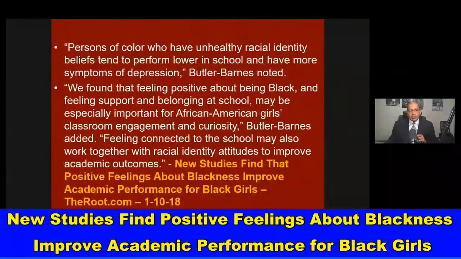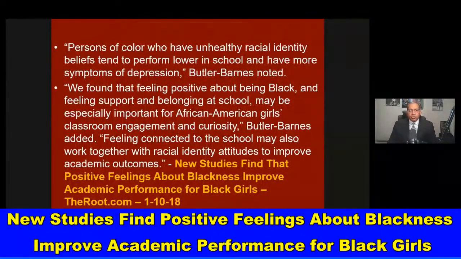Persons of color who have unhealthy racial identity beliefs tend to perform lower in school and have more symptoms of depression, end quote, Professor Sharita Butler Barnes noted. She went on to say, we found that feeling positive about being Black and feeling support and belonging at school may be especially important for African-American girls, classroom engagement and curiosity.